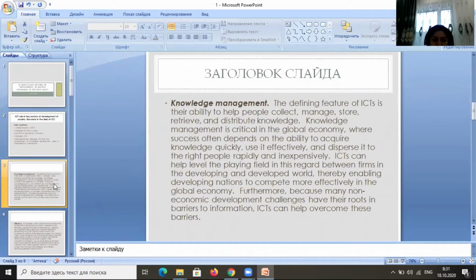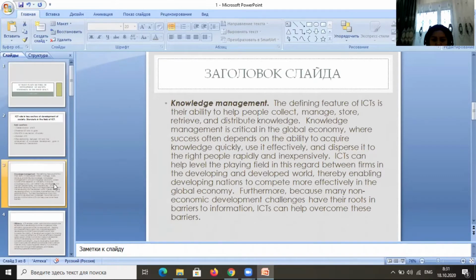Knowledge management. The defining feature of ICT is the ability to help people collect, manage, store, retrieve, and distribute knowledge. Knowledge management is critical in the global economy, where success often depends on the ability to acquire knowledge quickly, use it effectively, and disperse it to the right people rapidly and inexpensively.